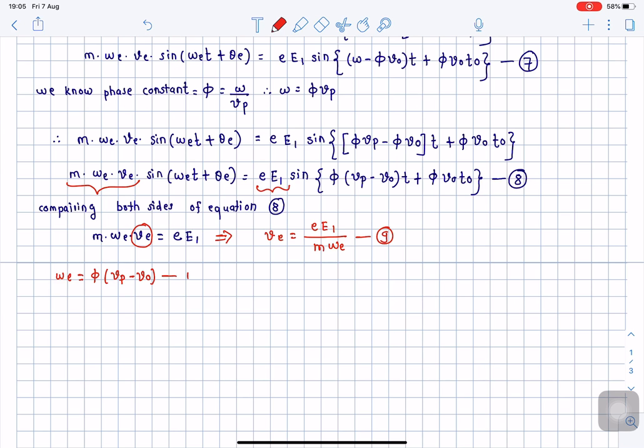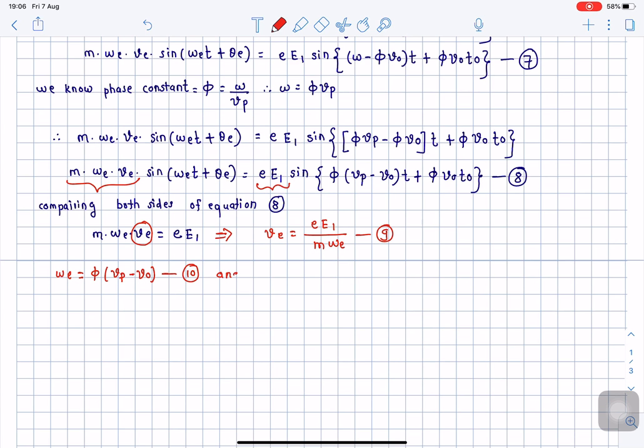This is say equation number 10, and Ve can be written as e of E1 divided by m, right?